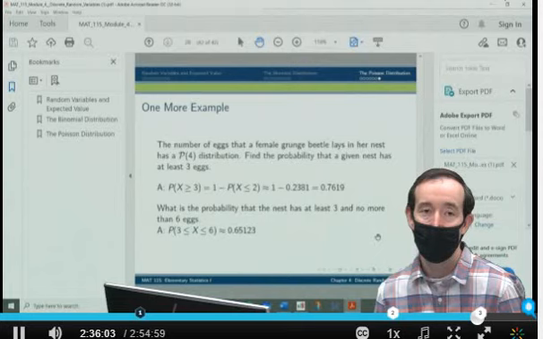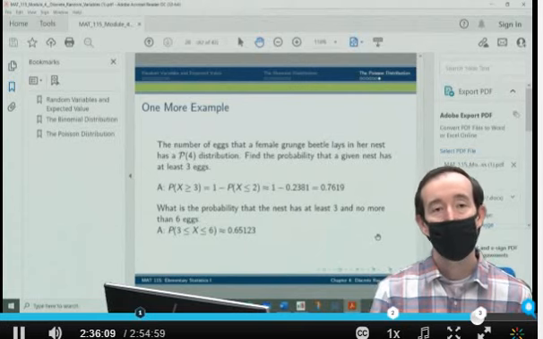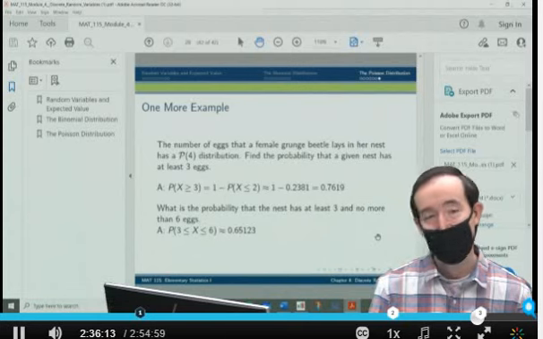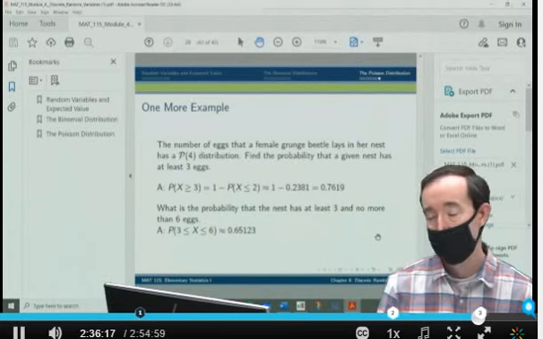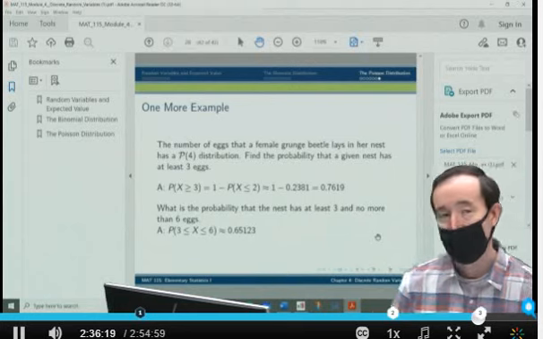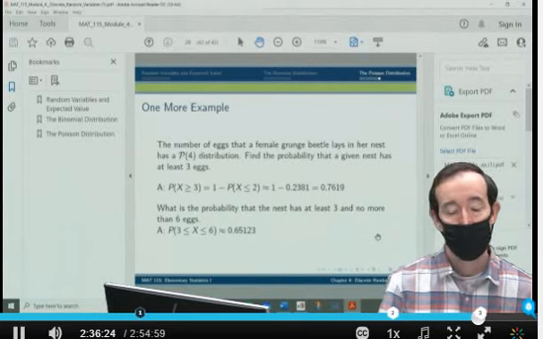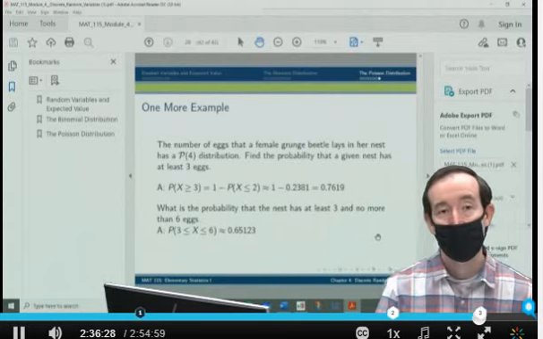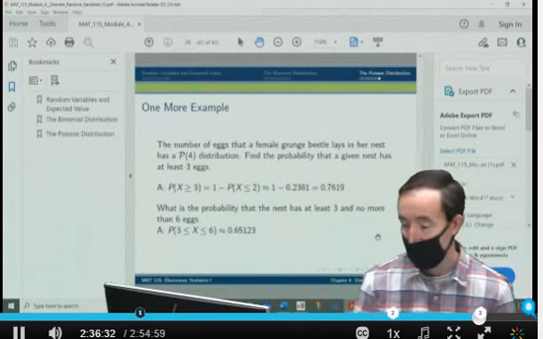Lastly, we looked at the Poisson distribution, which counts how many times a particular event occurs in a certain fixed length of time. And all we need is the average number that would occur if we did this over and over again. From that, we can find the probability that any particular number occurs in that same length of time. We can also find the expected value and the variance. In fact, they both happen to be the same as that average in this particular instance.